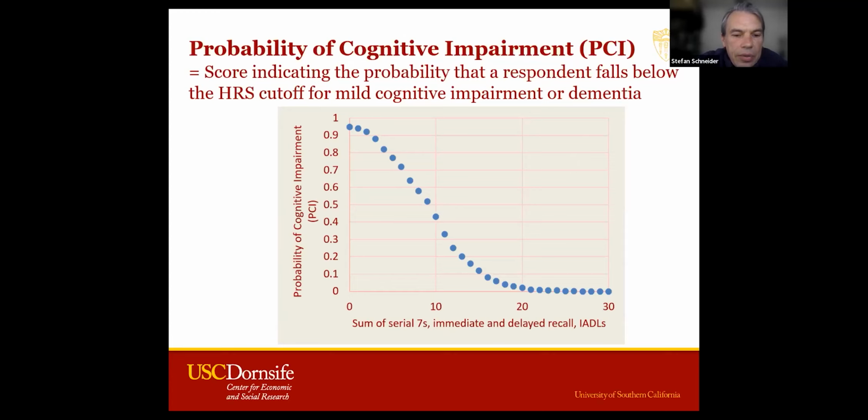This is a nonlinear transformation basically from the sum score of the tests onto a probability score. So if a person has a 0.7 score, for example, that means that the probability that this person has a score that would classify him as cognitively impaired based on the telephone is 70%.